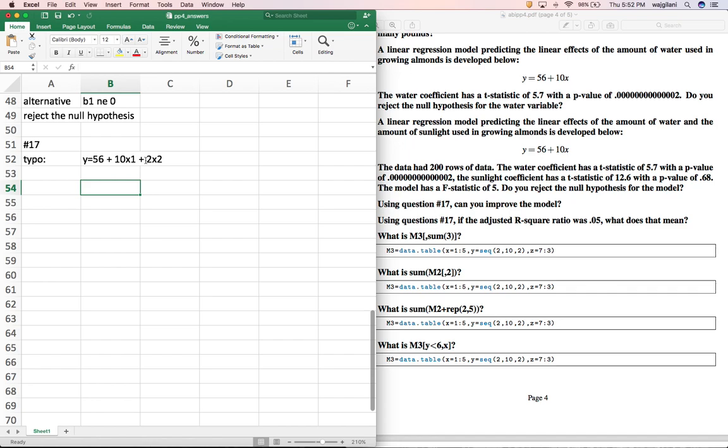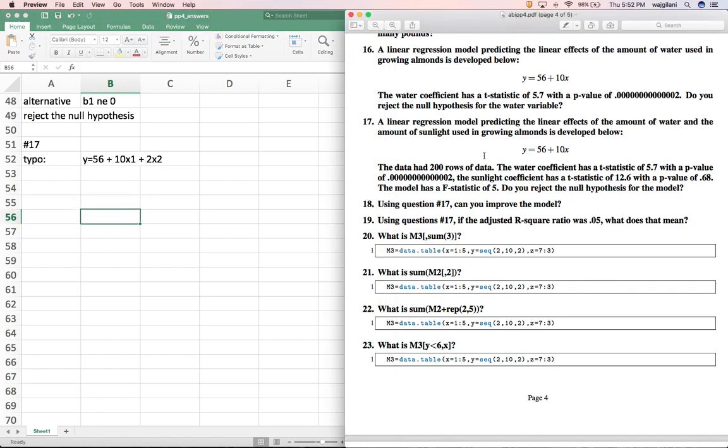All right. So now we have a multi-regression model. Again, the data has 200 rows of data.